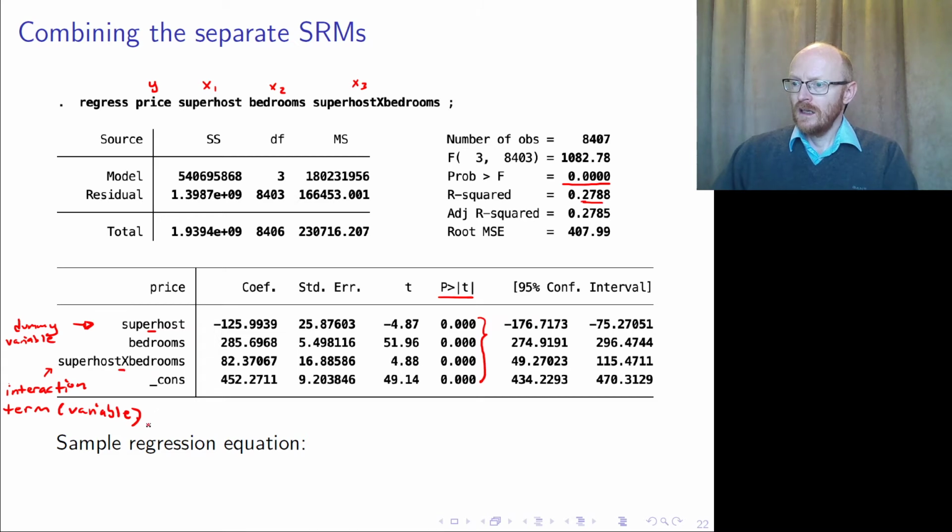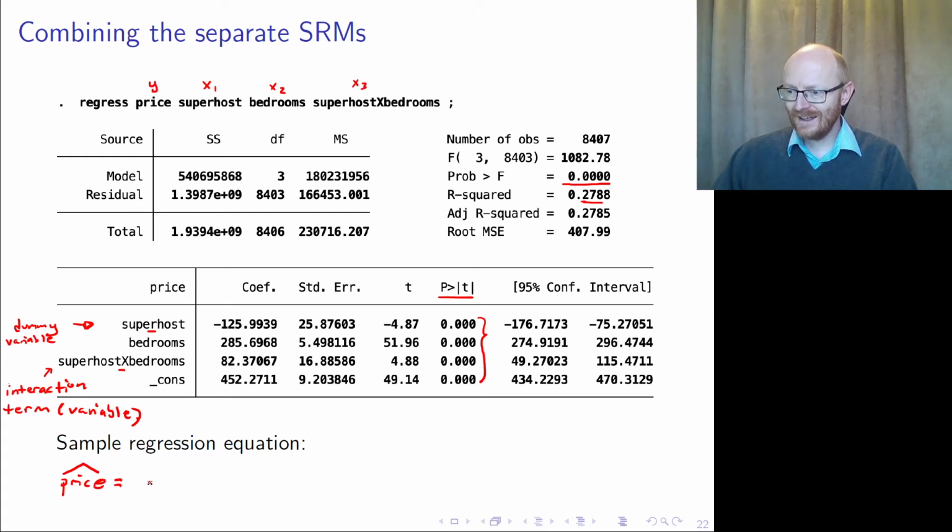Okay, so we have the sample regression equation here, and the estimated price is price hat. This squiggle is just called a hat.